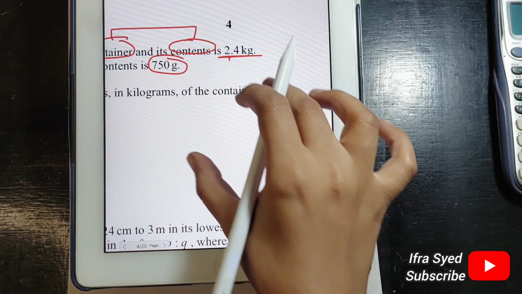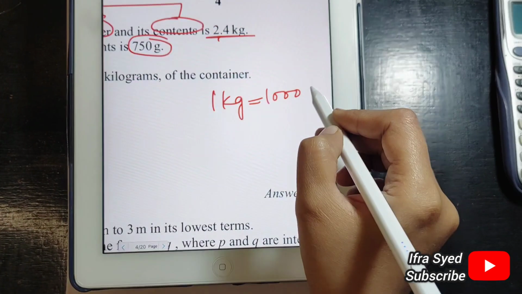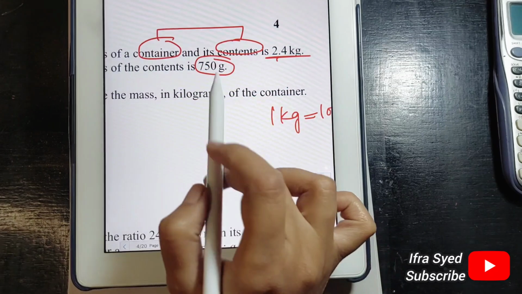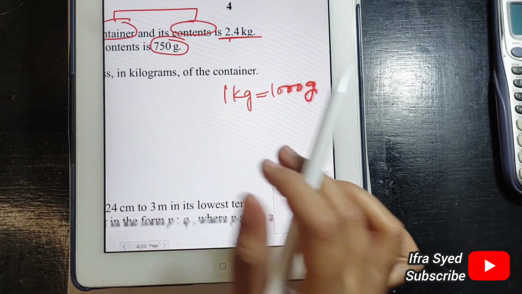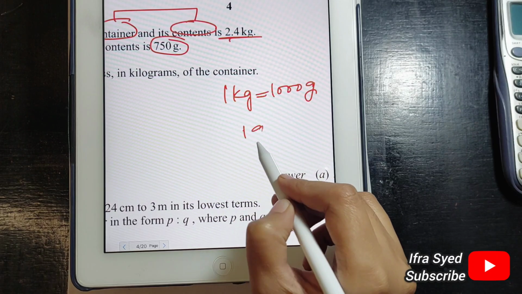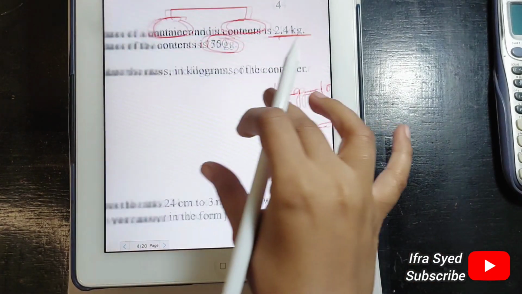As you all know, 1 kg is equal to 1000 gram. So we use this 1 kg is equal to 1000 gram to change this gram into kg, and we can easily change this into 1 gram is equal to 1 by 1000 kg.